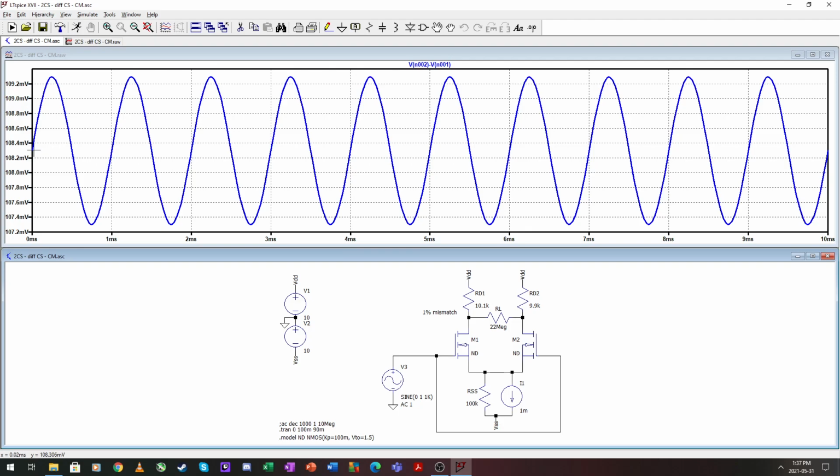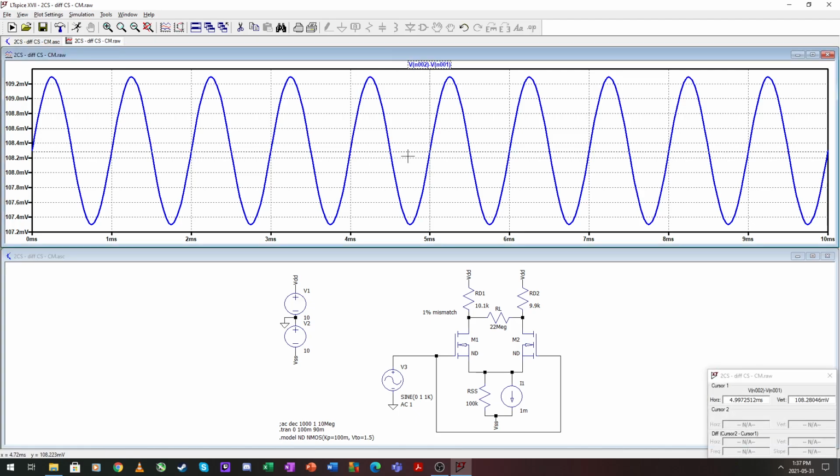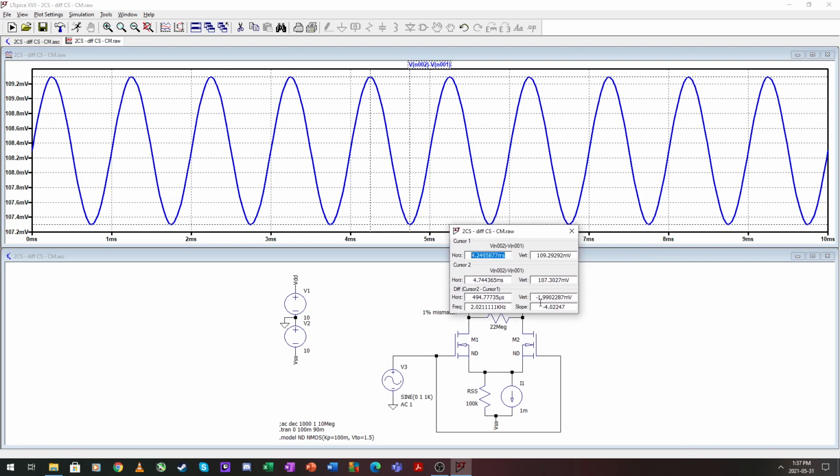So if we view this, we can see that we have a 100 millivolt offset roughly where this signal is sitting on. And if we take our cursor and we measure the peaks of these two signals, this is sitting at roughly 2 millivolts. So 2 millivolts divided by 2 volts is 1 millivolt per volt.